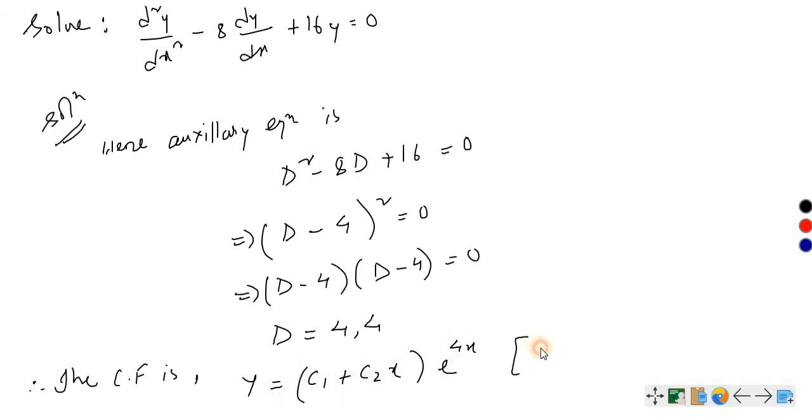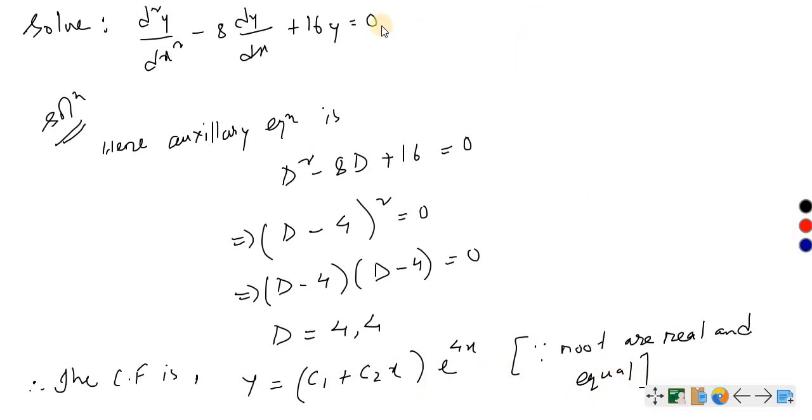Why? Since the roots are real and equal, we have written the complementary function as this.